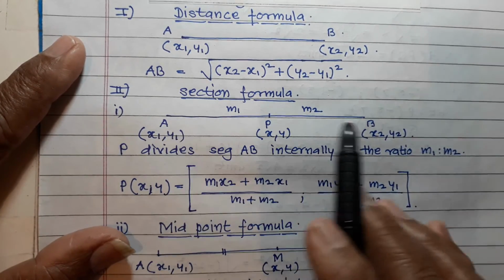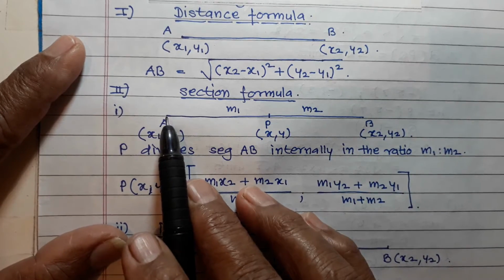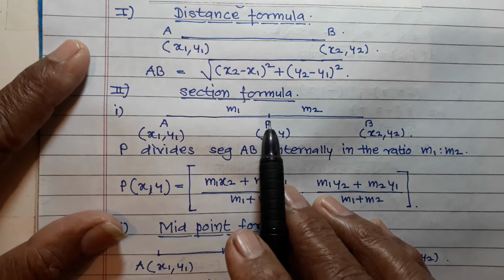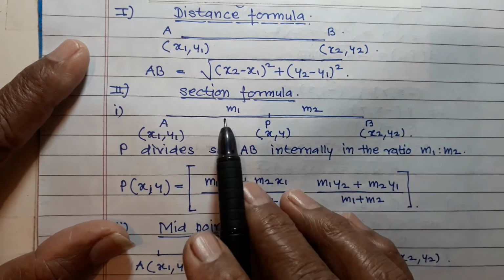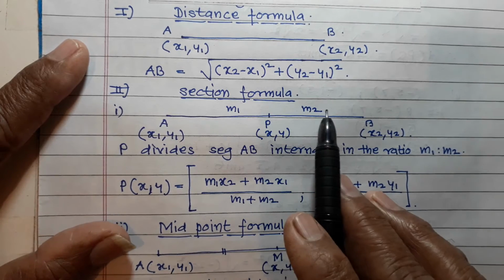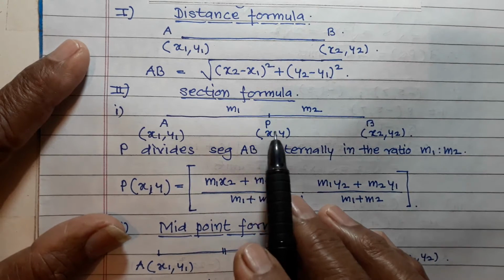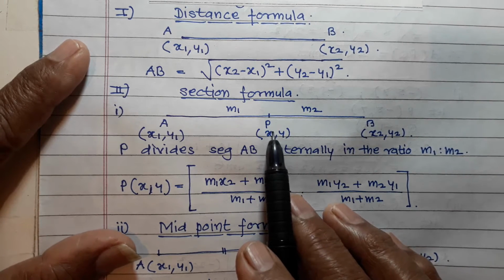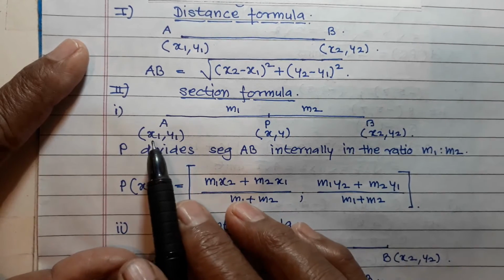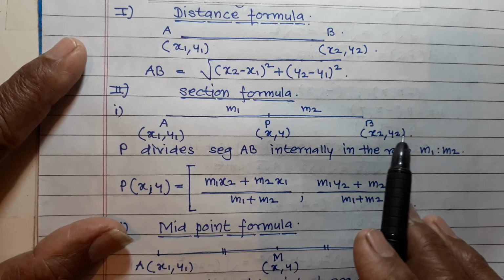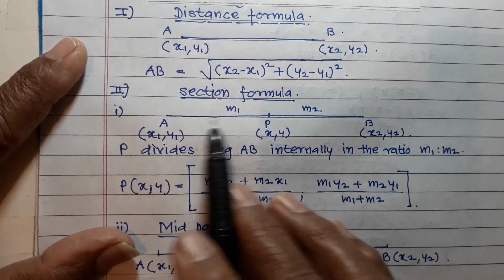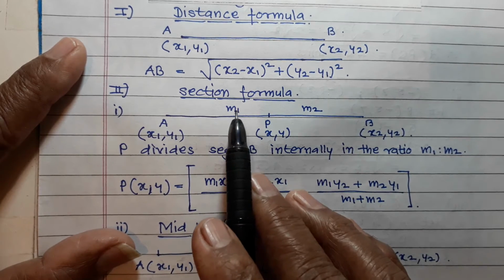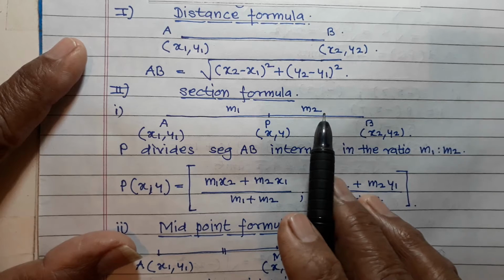Section formula. Suppose A and B are 2 points and this is a line segment joining these points, and suppose P divides this line segment in the ratio m1 is to m2. Then you can find the coordinates of point P. Suppose A is (x1, y1) and B is (x2, y2), and P divides AB in the ratio m1 is to m2.